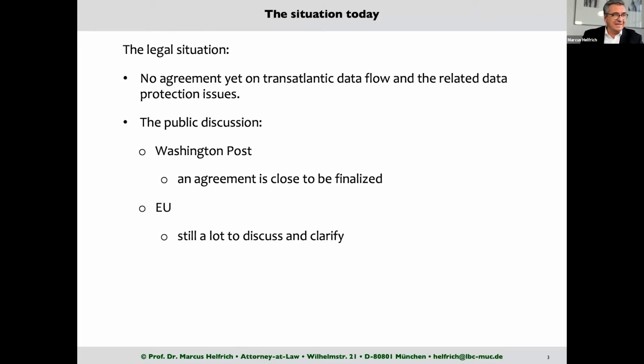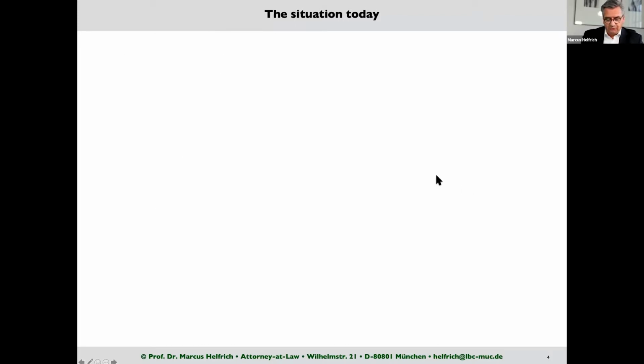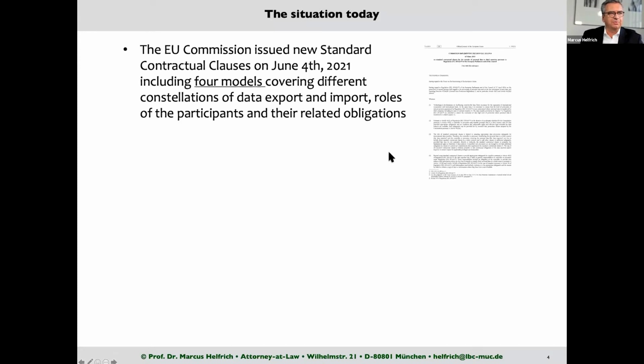But nevertheless, a transatlantic data transfer agreement only covers an aspect that might later lead to an adequacy decision.